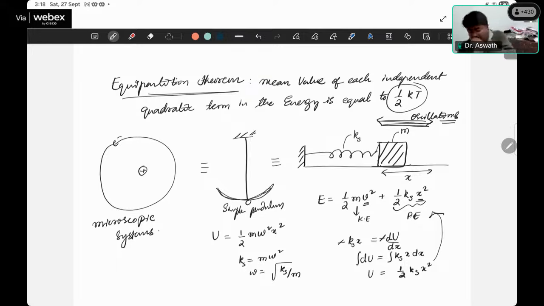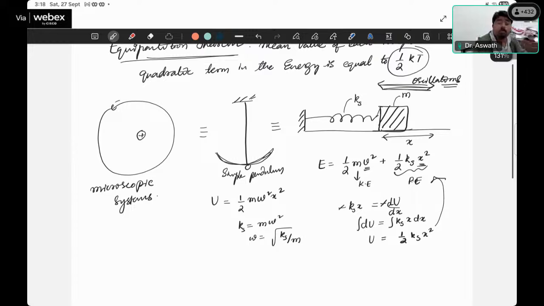Now, for any given atom, even a given oscillation, there are two contributions coming from velocity as well as position.